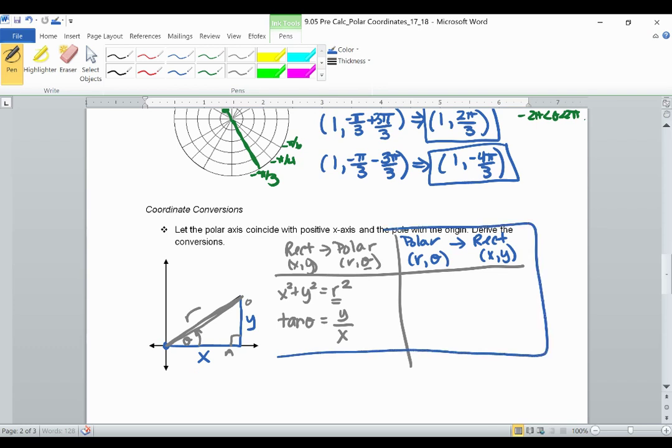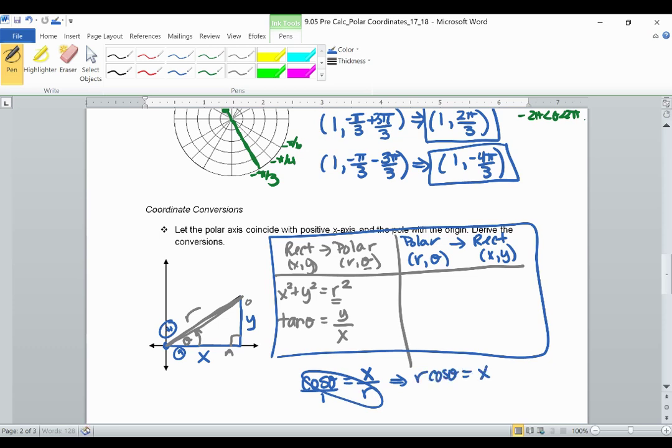Well, we know that cosine of theta is equal to adjacent over hypotenuse, so x over r. Cross multiply if we want to solve for x: r cosine theta equals x times 1. And there's our first formula. So x equals r cosine of theta.